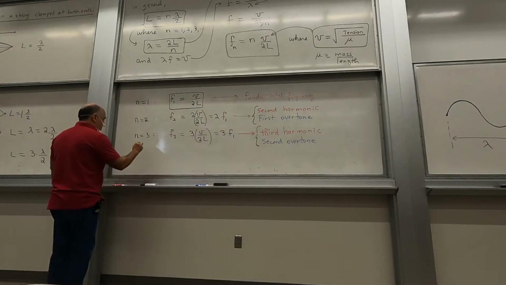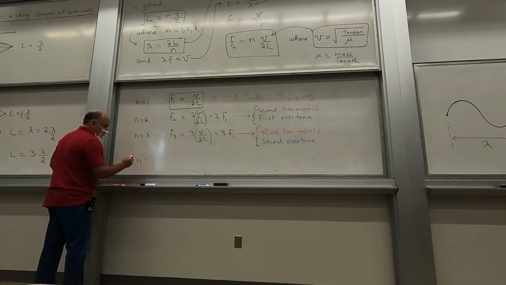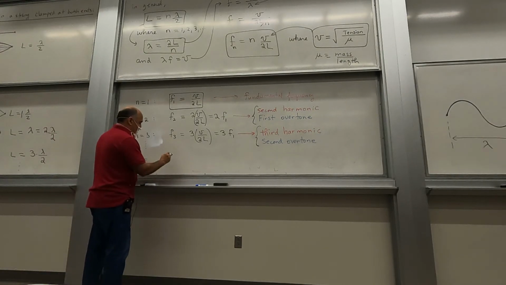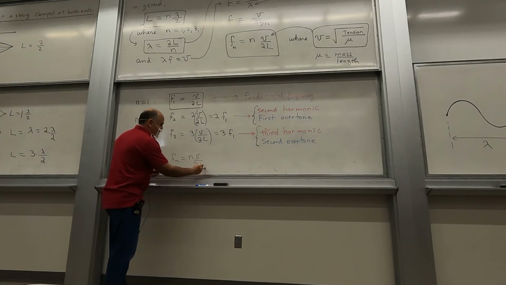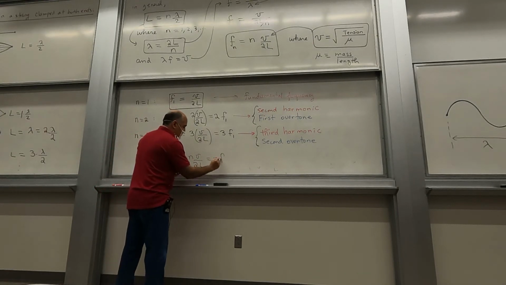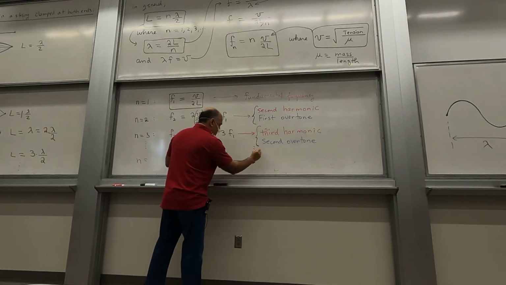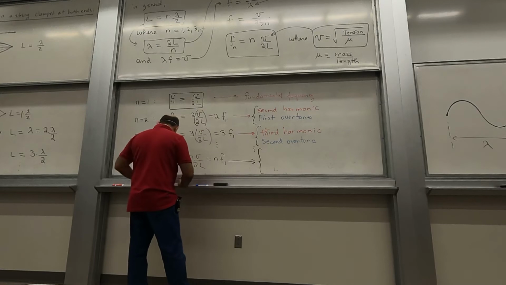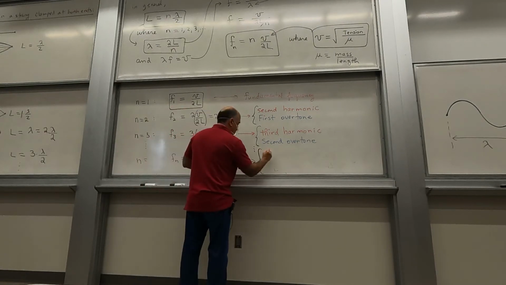And by the way, if you keep going like this and N equals just n, right, then f of n would be nv over 2L, which will be n times f1. And this would be, well, it would be the nth harmonic.